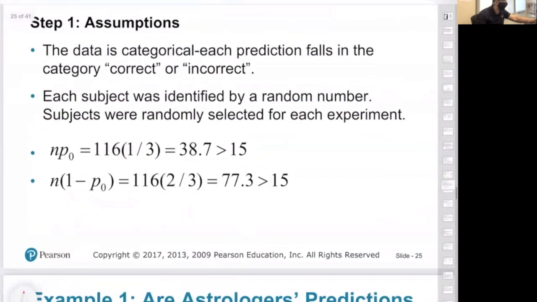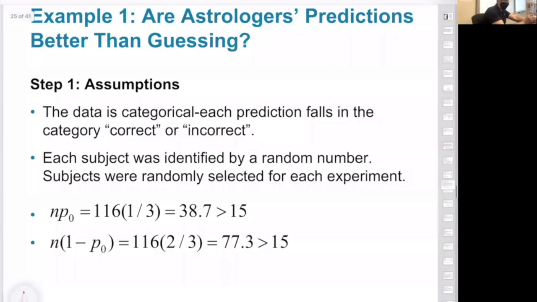As you can see here, N, 116 times 1/3, is 38.7, greater than 15. What about N times 1 minus P? It's 77.3, greater than 15. So we can apply the central limit theorem, and all assumptions are met for this test.